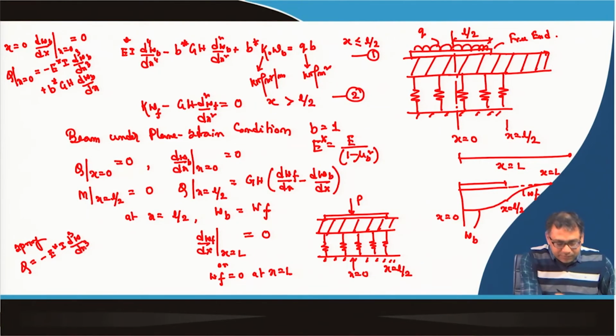This is for spring, but for the 2 parameter model it is E star I d3wb/dx3 plus B star GH dWb/dx, and for this UDL case it is 0. So, for the UDL case you have to write 0, but it will be equal to minus P by 2 for your concentrated load case.